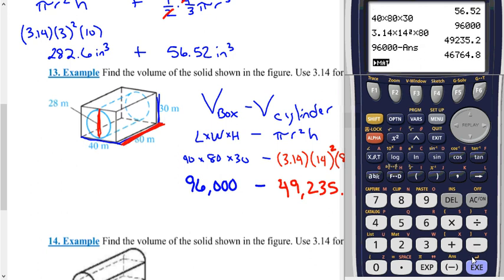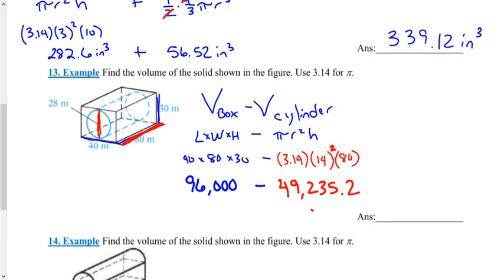So when I do that, this now gets me the final answer to the problem. That's the volume of the solid that's left after we cut out that cylinder. 46,764.8. And then, of course, that is cubic meters.